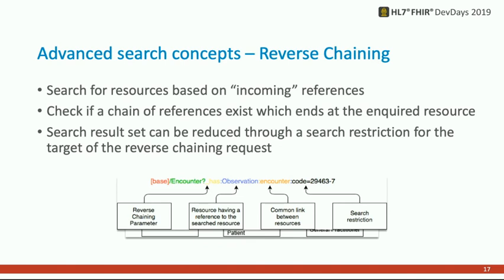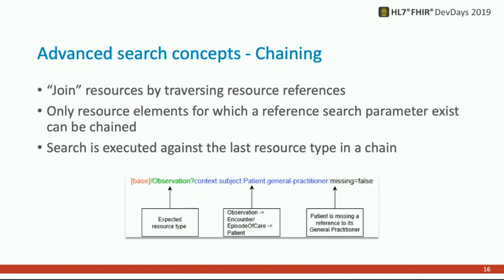But if you go back to that example, right? So I want to search every observation which is somehow linked to a patient where the general practitioner reference is not missing. Underneath, the text says it's missing.